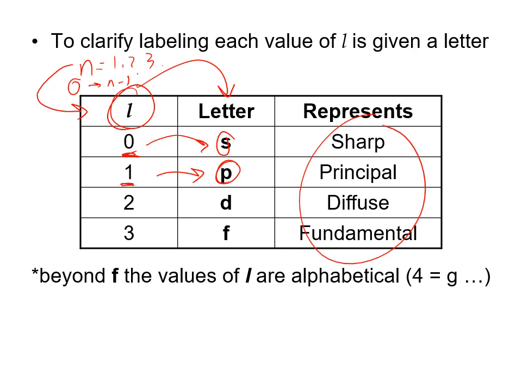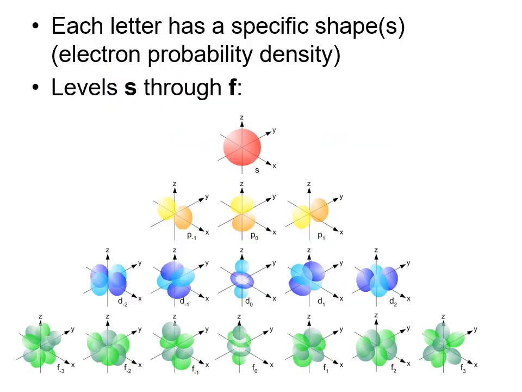But 0 is going to be called S, 1 is going to be called P, 2 is going to be called D, and 3 is going to be called F. We're not going to be using anything past F very commonly, because that covers all of the electron placements within the periodic table. If you had to, it goes alphabetical after that. But really, the main ones we're going to be using for a lot of the bonding we're doing, because we don't get too big in terms of our elements, are going to be S, P, or D, and then occasionally we'll see some F.